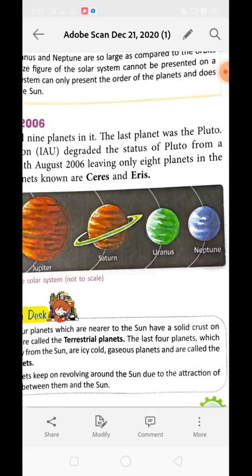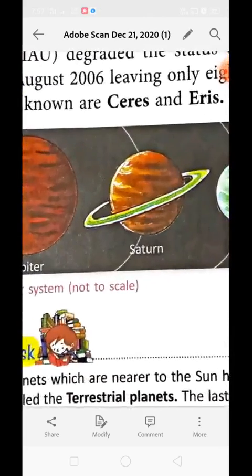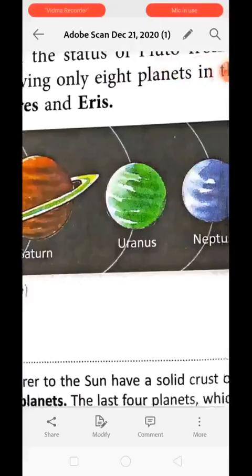The four planets on the outer side of the solar system are very far away from the sun, so they are icy cold and gaseous, and that is why they are known as Jovian planets. What are the four considered Jovian planets? They are Jupiter, Saturn, Uranus and Neptune.